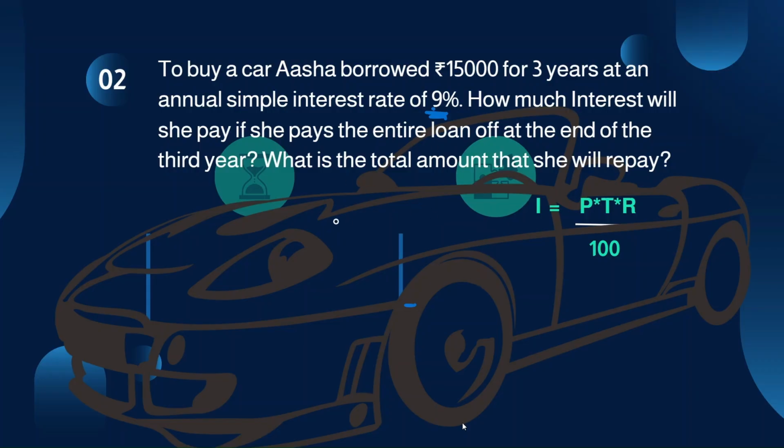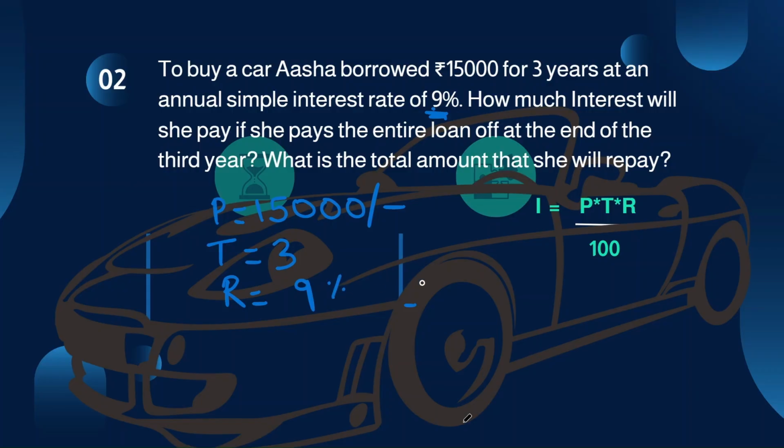So now we will see how much amount she borrowed. 15,000. So here we take P is equal to 15,000, and time is 3 years, and the simple interest rate is 9%. That is the rate of interest, we can take 9%.